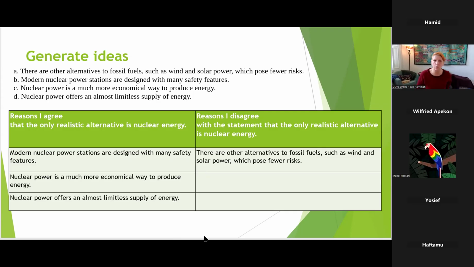Can you think of any? Why would you agree? What are some ideas that you would have about nuclear energy? What do you think of it? What do you think of nuclear energy versus other alternatives? Which would you say is the most practical?